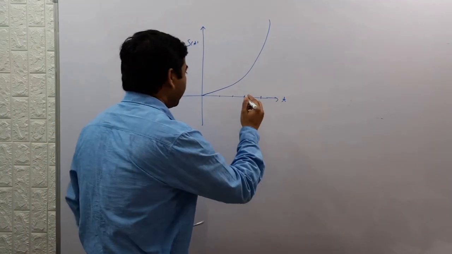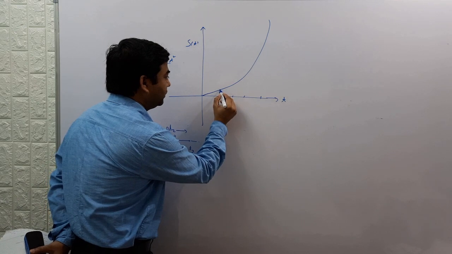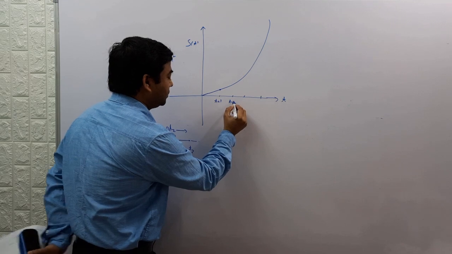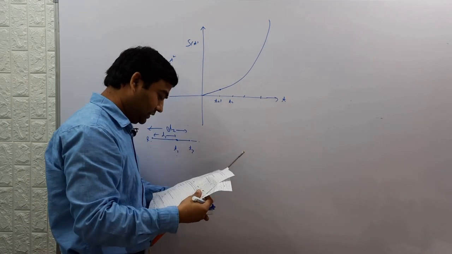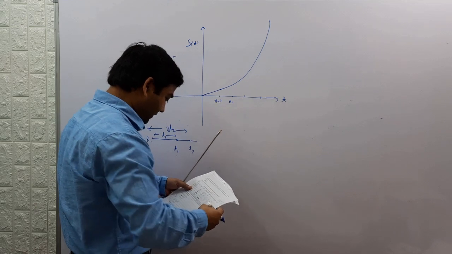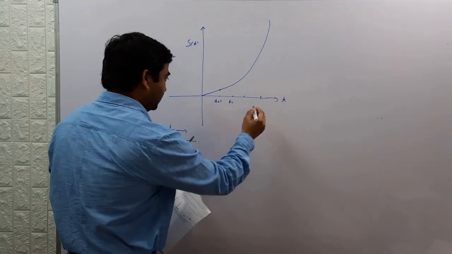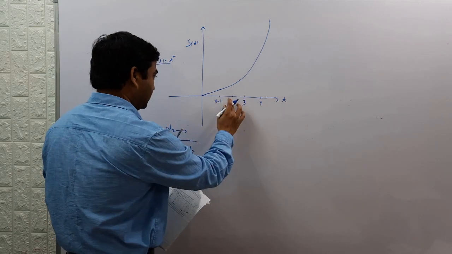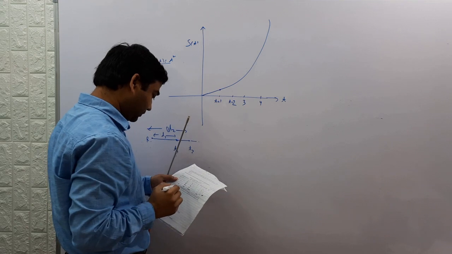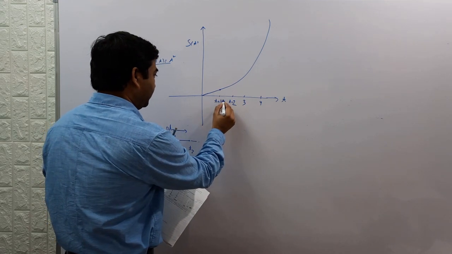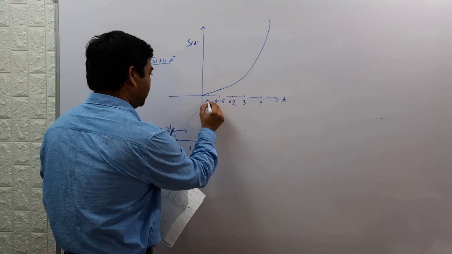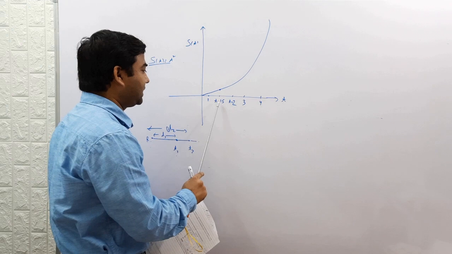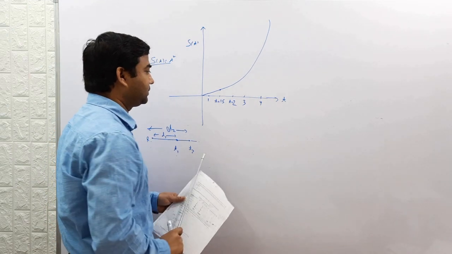So let us take t equal to 1, and different time intervals: t equal to 4, t equal to 3, t equal to 2, t equal to 1.5, and t equal to 1. These are the different time intervals.